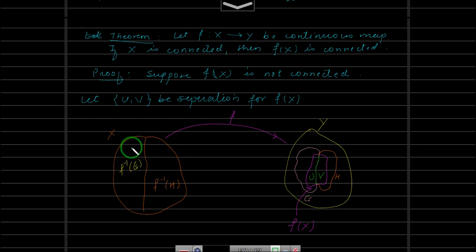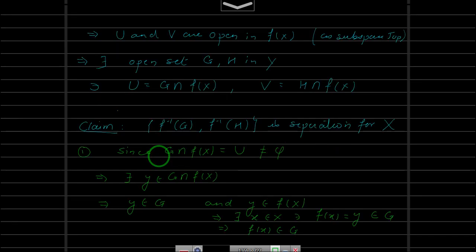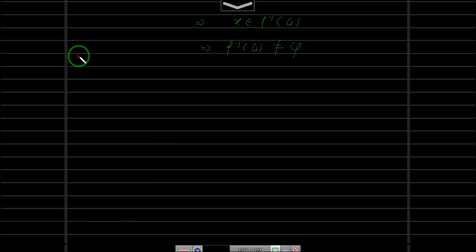So there is a point here. Similarly, this f inverse of H will be non-empty. You can just proceed the same way and you can say that f inverse of H is also non-empty. So the first point is done.